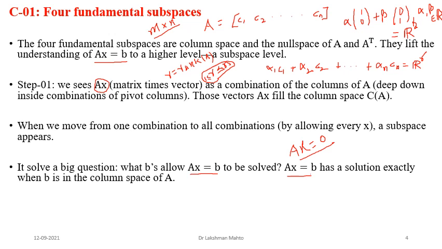Ax equal to 0 is a homogeneous linear system. Is it having an exact solution or not? Any idea? No, it is having an exact solution. This system is always consistent.